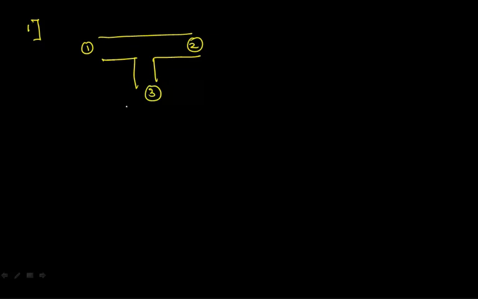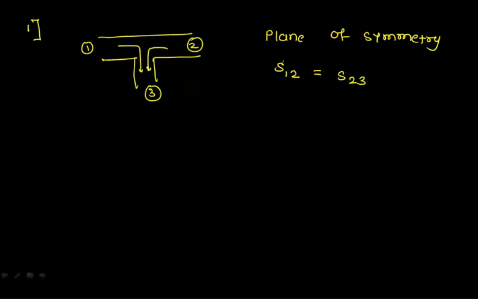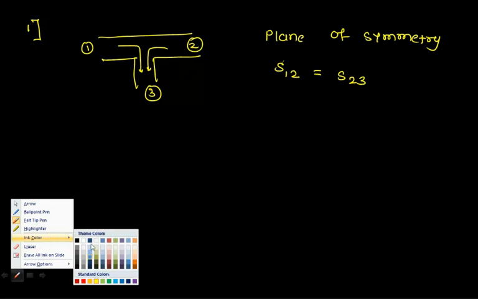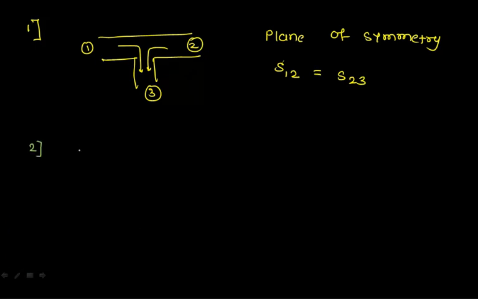Now if I see the plane of symmetry, because of this plane of symmetry, I can write S13 must be equal to S23, because whenever you are giving something to port number 1, coming out at 2 and 3, they will be the same. Now the second property is the property of symmetry. Because of the plane of symmetry, I am going to use the second property, which is the symmetric property.